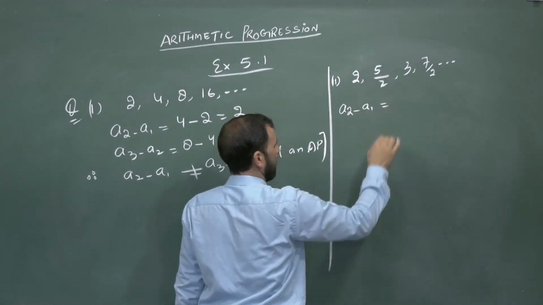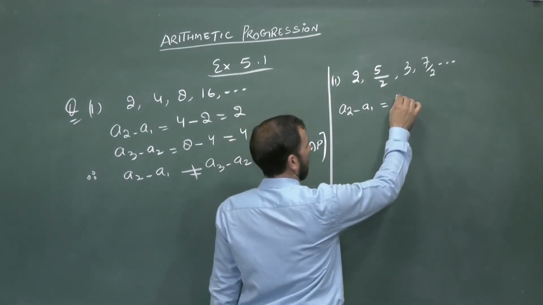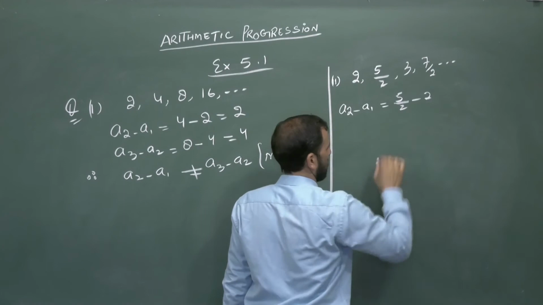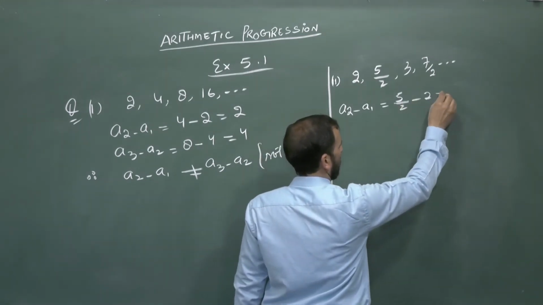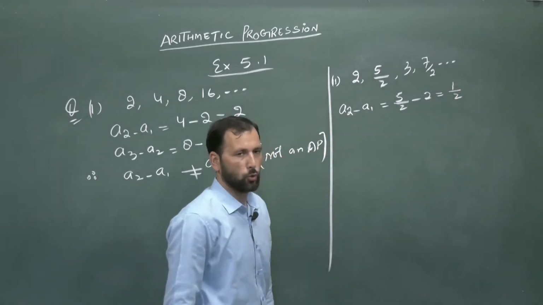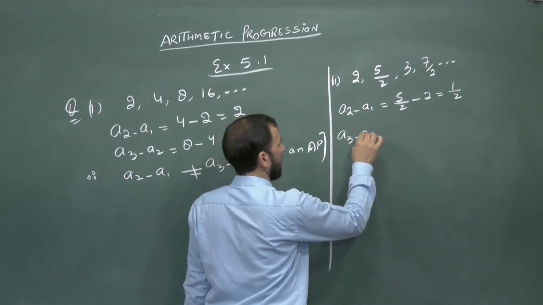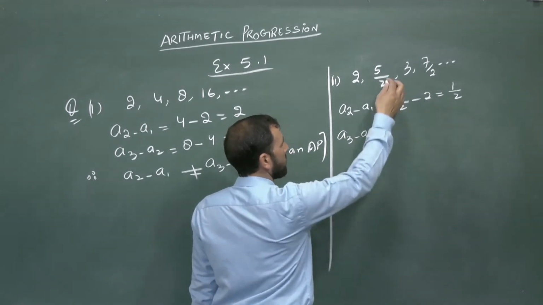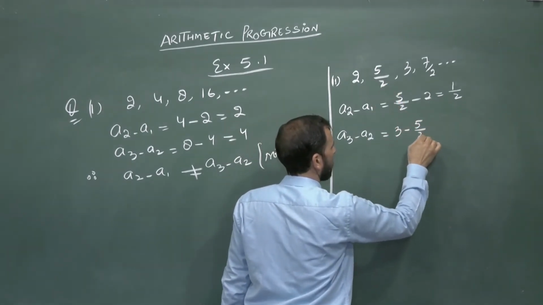A2 minus A1 means succeeding term minus preceding term. It is 5 by 2 minus 2. So when we multiply 2 into 2 is 4, and 5 minus 4 we can write it as 1 upon 2, which is A2 minus A1. Now A3 minus A2 is equal to, the third term is here 3 minus second term is 5 by 2.